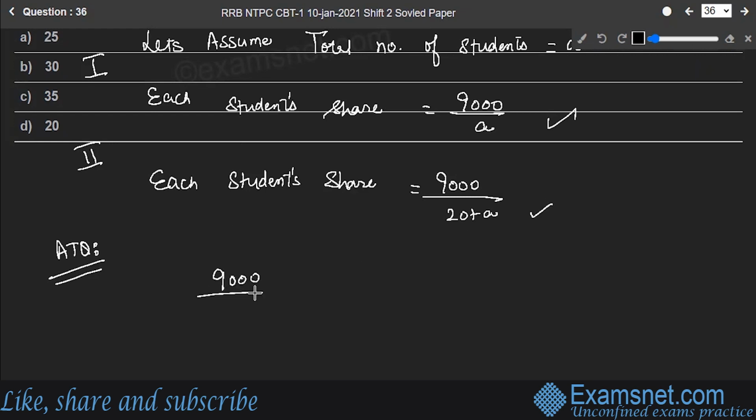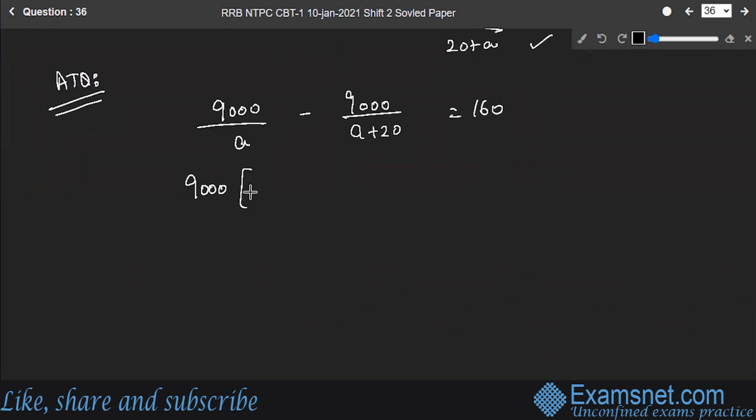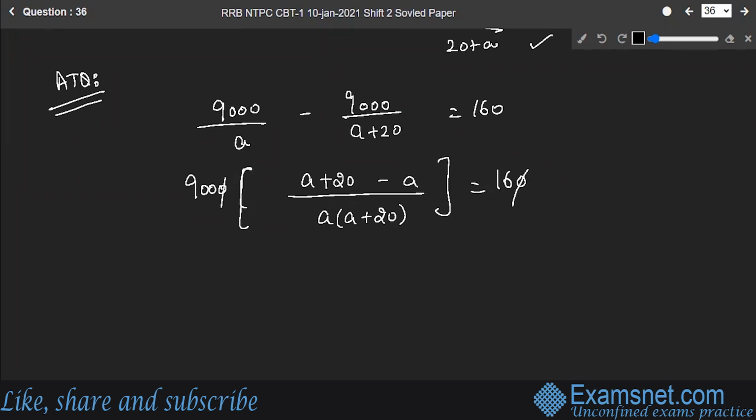So 9,000 upon A minus 9,000 upon A plus 20 is equal to 160. I'll take 9,000 common. A into A plus 20. This will be A plus 20 minus A is equal to 160.